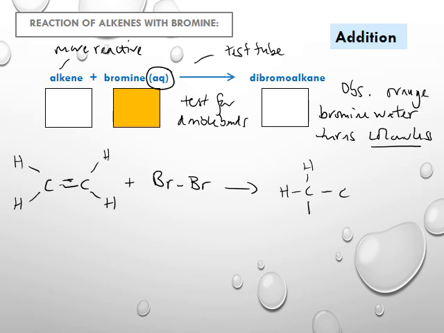So now there's a spare on each, which the bromines attach onto. So it's addition because all you're doing is adding together 2 molecules and you're making one total molecule. And this is a dibromoalkane because there are two Br atoms on it, so we could name it.